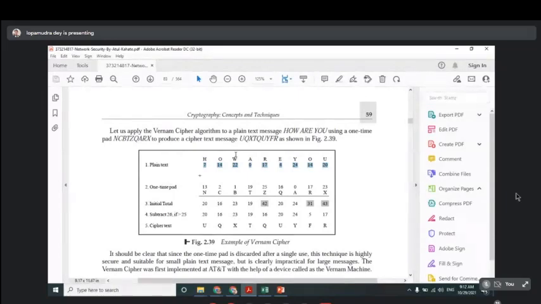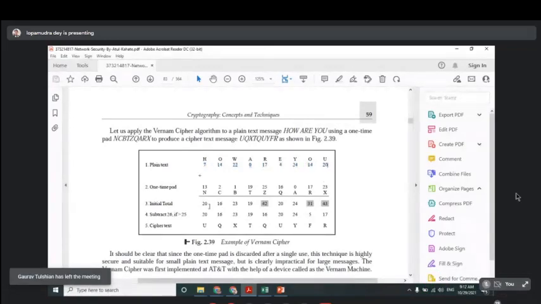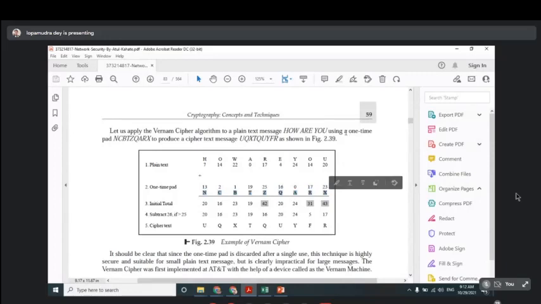The position of A is 0, the position of U is 14, the position of Y is 24. If you start with A as 0, then Z will be 25. In this way, you write down the plain text. After that, you will generate one random one-time key, or random one-time pad. This is the random one-time pad, and here, using the one-time pad, this is your random key.